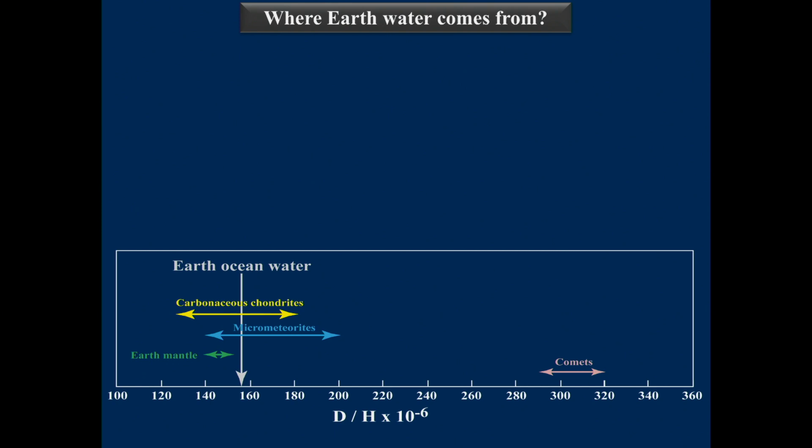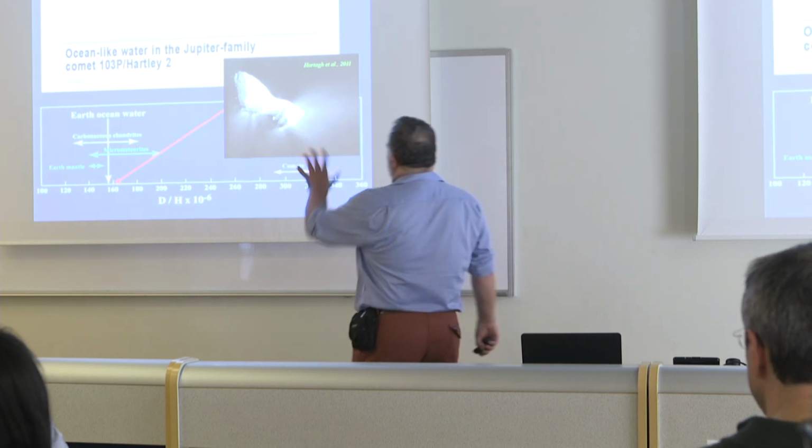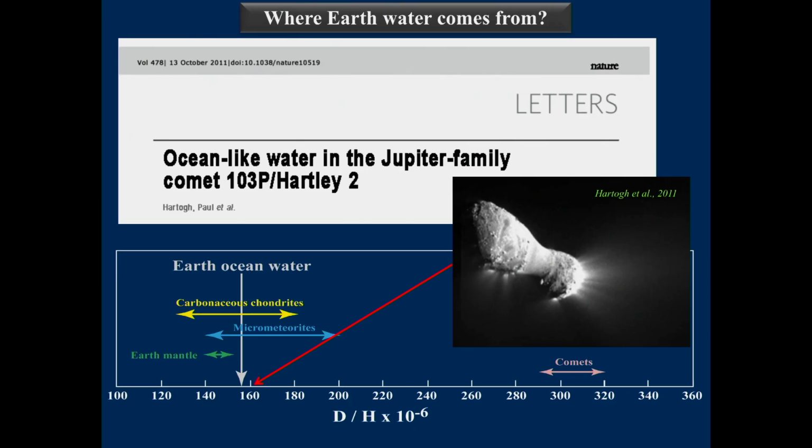So that was the situation several years ago, and 6 years ago there was a publication about this Hartley 2 comet that has a deuterium hydrogen ratio that is more or less the same as the ocean. So it was said at the time, okay, some comets can have provided oceanic water.